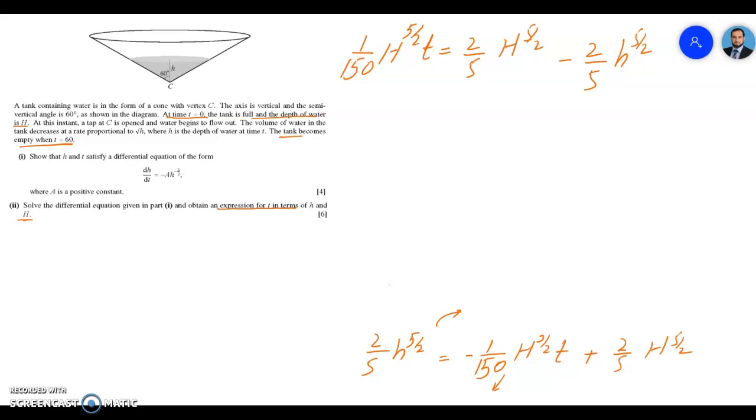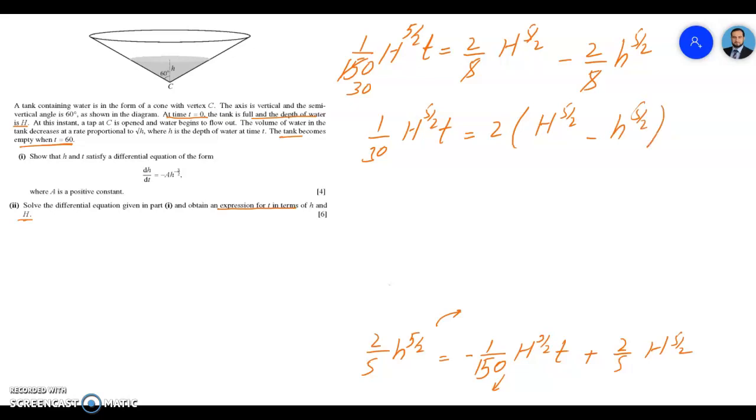Throughout, the 5 can be cancelled out, and this will become 30. So 1 over 30 H to the power 5 by 2 times t is equal to, with 2 as a common factor, H to the power 5 by 2 minus small h to the power 5 by 2.